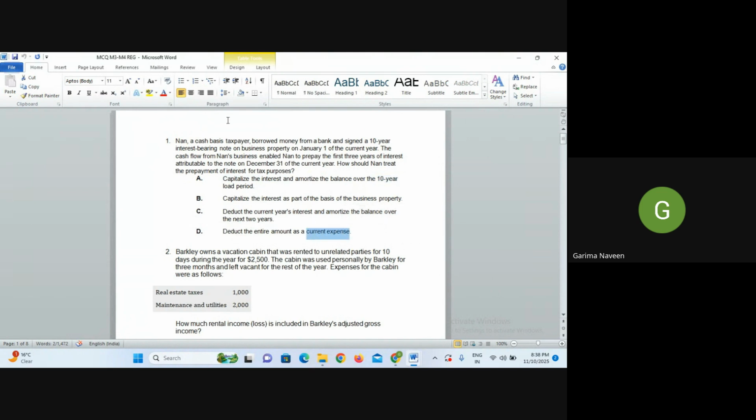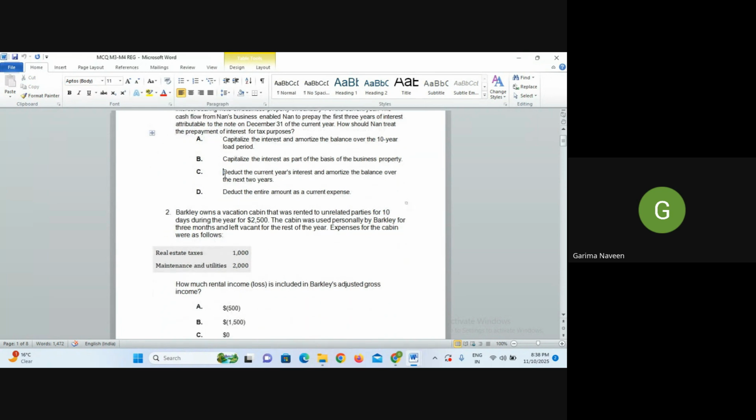Ma'am, option C. Yes, right. For prepaid interest, you can only deduct the amount of interest that is applicable to the current year, and the rest of the amount you need to deduct in the year to which it actually relates. So the correct answer is C.